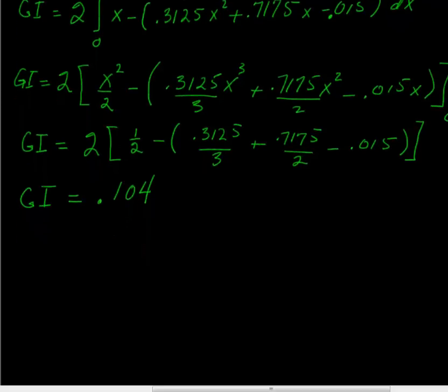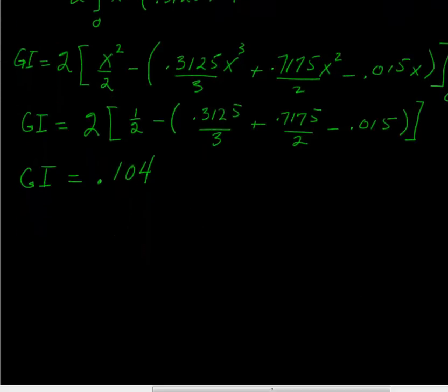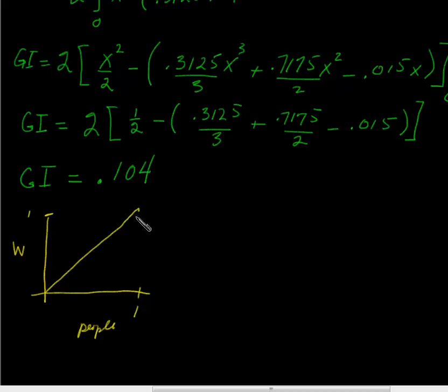Well, let's think about that for a second. Let's draw another sketch. Here are my axes again. This will be 100% of the people. This will be 100% of the wealth. And if my wealth is perfectly distributed, it would look like that. If the wealth is perfectly distributed, my Lorenz curve will also be that yellow line.